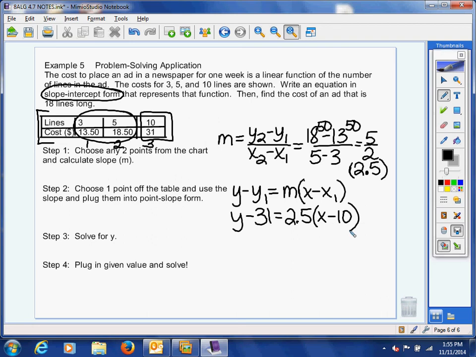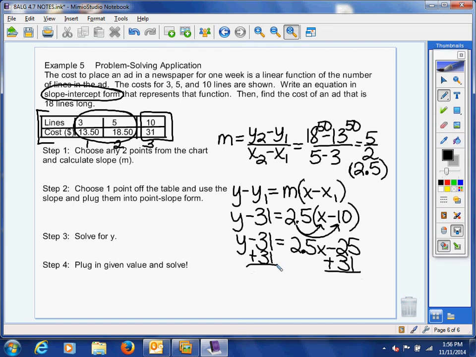So we're ready to go to step 3, solve for y. Remember, that's a 2-step process. The first thing you have to do is distribute. So we have y minus 31 is equal to 2.5x minus 25. Okay, and then move the 31 over. So we're going to add 31 to each side.